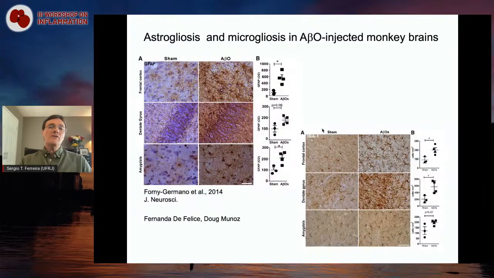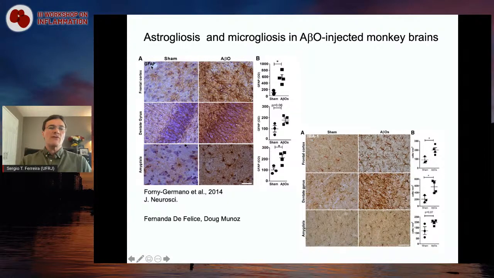So interestingly, that is not exclusive of rodents. Indeed, in collaboration with Fernanda de Felice again and with Doug Munoz from Canada, who have developed a very interesting non-human primate model of Alzheimer's disease, we showed that inflammation is also very evident in the brains of monkeys that received injections of A-beta oligomers compared to control sham monkeys.